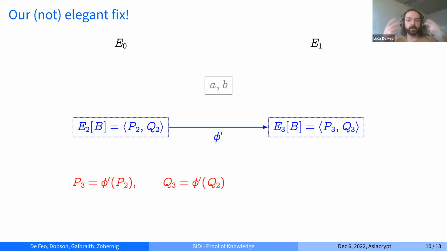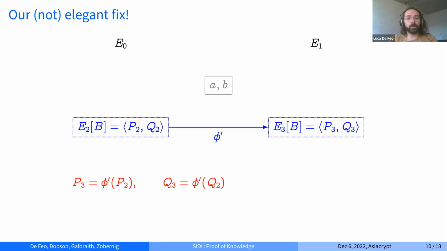So the gray boxes here represent some statistically hiding commitments, so that I can see what's in the gray boxes only when I open them. And so now what I have in red in the bottom is the equation that the verifier needs to check. So the verifier will check that the basis P3, Q3 is the image of the basis P2, Q2 under the isogeny phi prime that I just revealed.